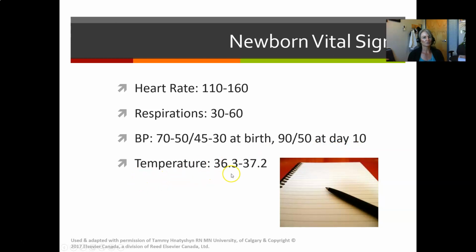And then our temperature we want to see between 36.3 and 37.2. We also want to make note of how we're taking it. We should be doing it axilla, but are we doing it as temporal? So it's really important that you know these normals, because if they're not within normals, we've got to do something about it.